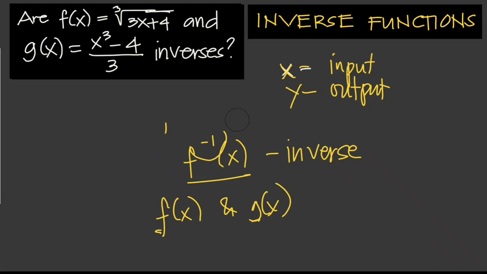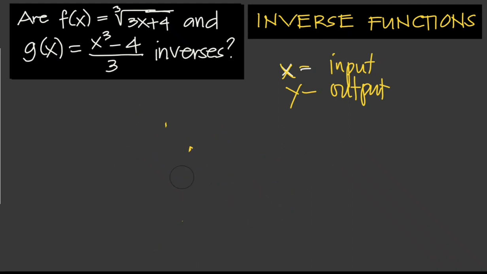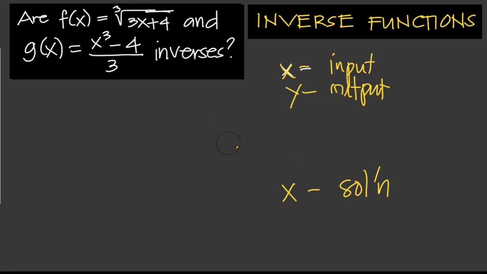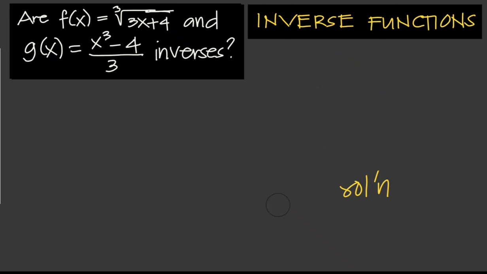In other words, if we simplify f of g of x, the solution would be x. If it is anything but x, the functions are not inverses.